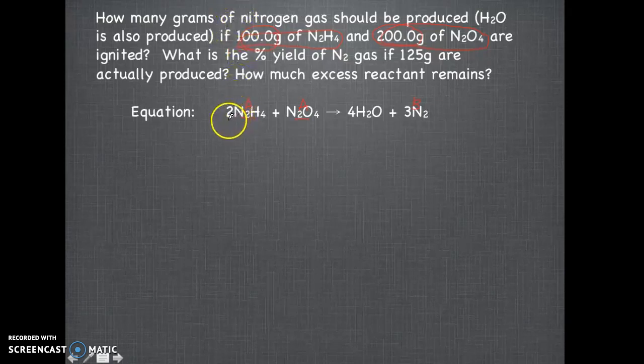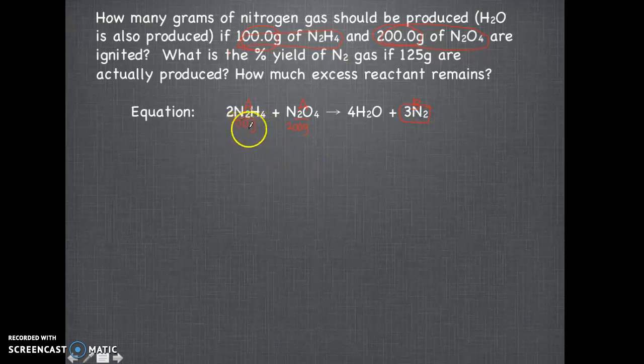You have the setup here where we have 100 grams of the N2H4 being used, and we're mixing it together with 200 grams, and I'm not including all the decimal places, but we have 200 grams of the N2O4 being used, and they want to know, hey, how much of this nitrogen gas is really going to get made?